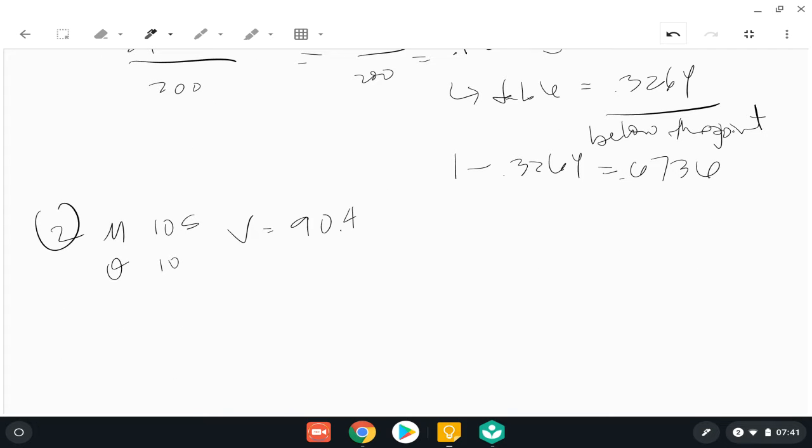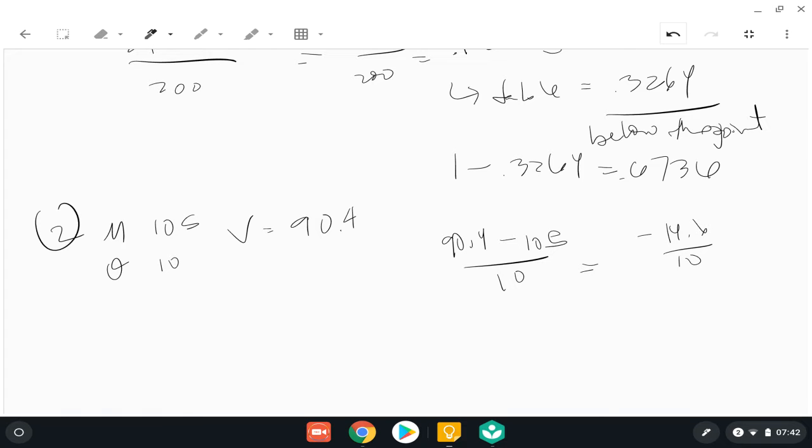So this is to the left of the mean. 90.4 minus 105 over 10 equals negative 14.6 over 10.